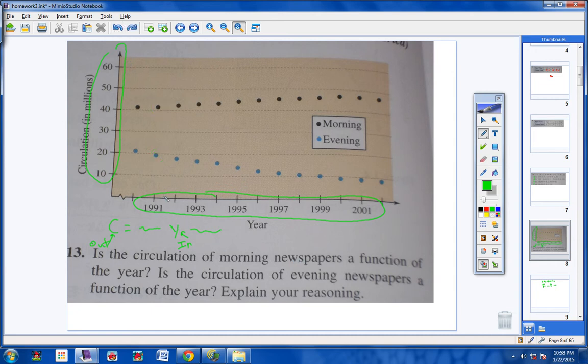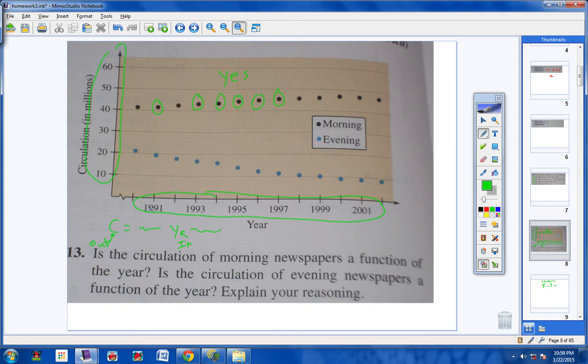So for this year, I have one output. For this input, one output. For this input, one output. For this input here, one output. And so on and so forth. Every input has exactly one output. So yes, it is a function. And then it says, is the evening newspaper a function of the year?